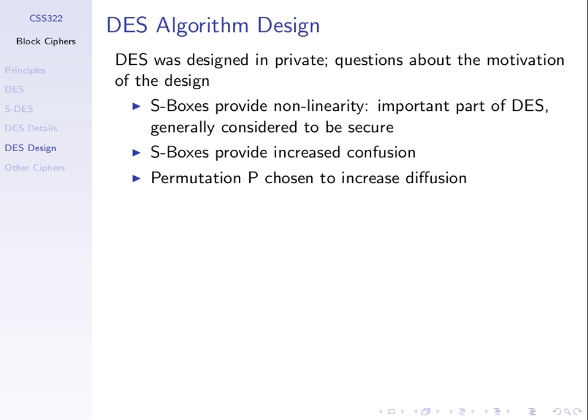So nowadays they're considered secure. That is, the design is good. The S-boxes provide increased confusion, whereas the permutations are chosen to increase the diffusion, and it's been shown that this achieves those effects quite well.